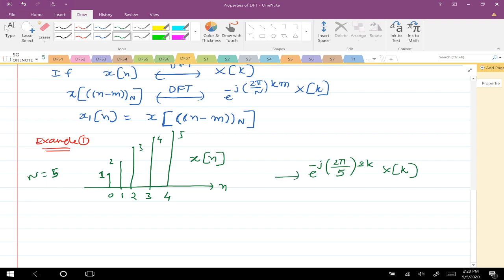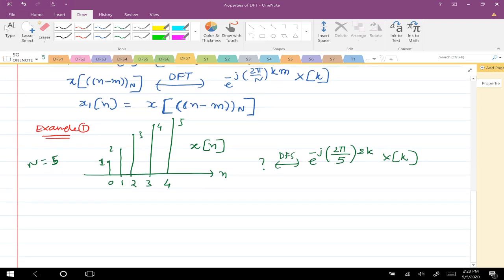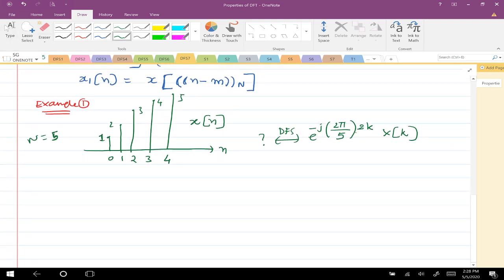And I'd like to know what shifted sequence would give this. You have here m to be 2, so x1 of n would be equivalent to x of n minus 2 modulo 5.